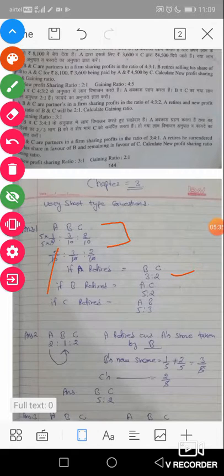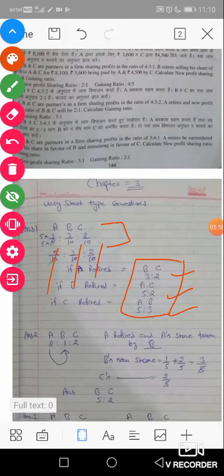If B retires, cancel B, then A is 5 and C is 2, so 5:2 is the new ratio. If C retires, then 5:3 of A and B is the new ratio, and these new ratios are treated as the gaining ratio. In this situation, the new and gaining ratios are the same.